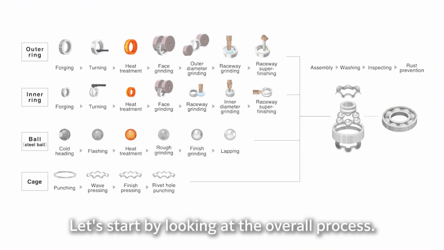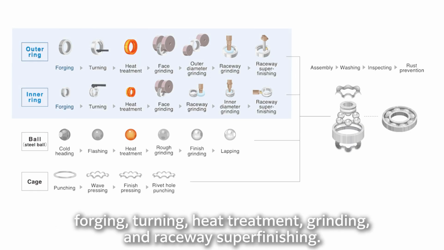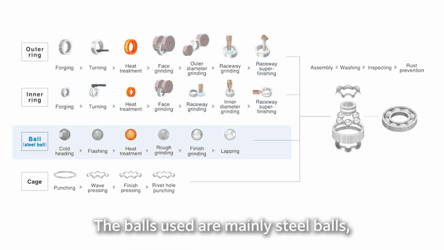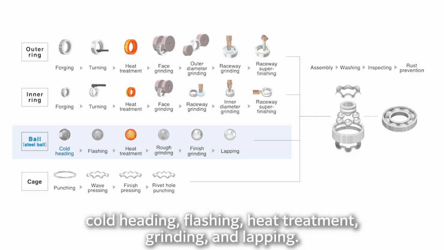Let's start by looking at the overall process. The outer ring and inner ring are manufactured through the processes of forging, turning, heat treatment, grinding, and raceway superfinishing. The balls used are mainly steel balls, which are manufactured through the processes of cold heading, flashing, heat treatment, grinding, and lapping.